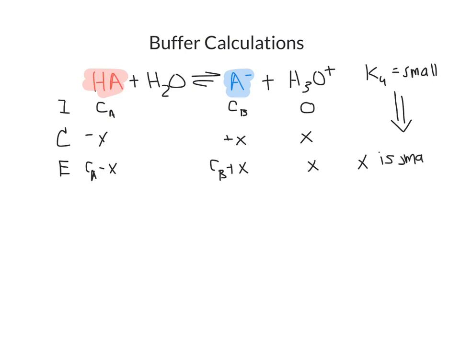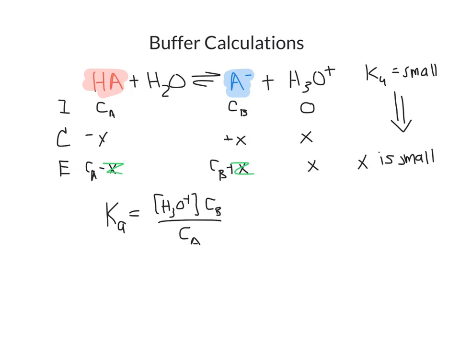So we can always, in our buffer solutions, ignore X relative to our initial concentrations. And so in a buffer solution, we can write that our Ka is equal to X, which is the H3O+ concentration, times the initial concentration of conjugate base divided by the initial concentration of conjugate acid.